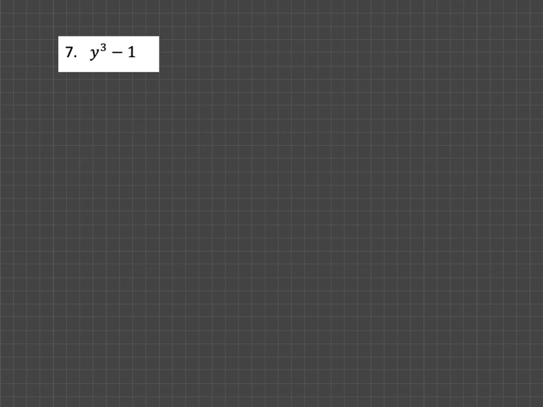The difference of two cubes and the sum of two cubes always follow the same pattern. For the difference of two cubes, it looks like this. If we have a cubed minus b cubed, that's going to equal a minus b times a squared plus ab plus b squared.